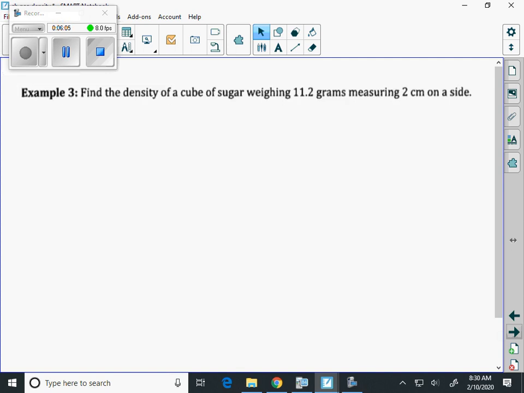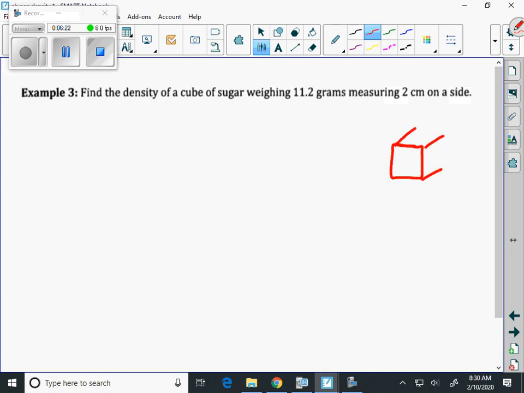So finding the density of a cube of sugar weighing 11.2 grams, measuring 2 centimeters on the side. You don't even really need to draw the picture, but here, remember, is a cube. Something that looks like that.